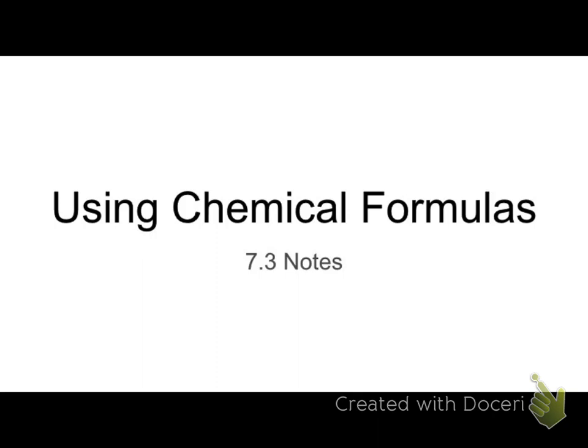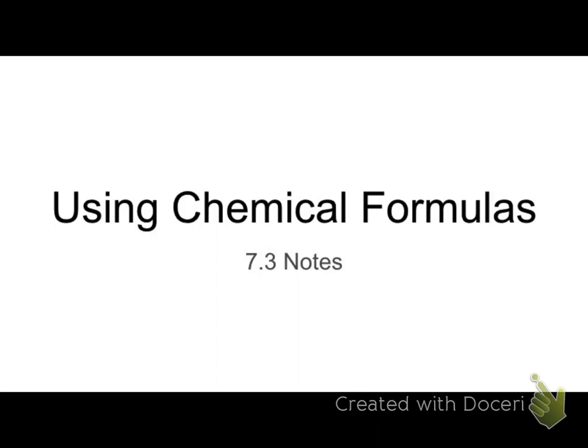We've been looking at a lot of chemical formulas because as we learned about naming them, we're also learning to derive the formula from the name. But there's more things you can do with formulas. Okay? So today, what I hope you will be able to do by the time we're finished with these notes is calculate formula mass and calculate molar mass for a compound, and then use the formula mass and the molar mass that you have to convert between total number of atoms, number of moles, and the mass of those compounds in grams.